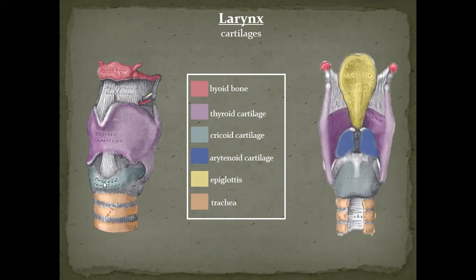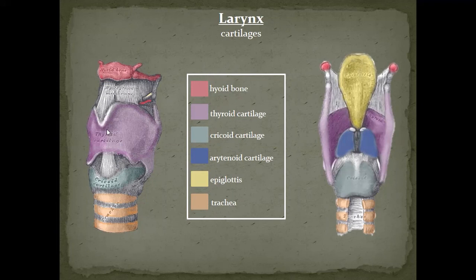Below that we have the cricoid cartilage, and at the back we have the arytenoid cartilage. These are the three main cartilages. There is one more called the epiglottis, and we can see more cartilaginous rings below the larynx, but they already belong to the trachea.